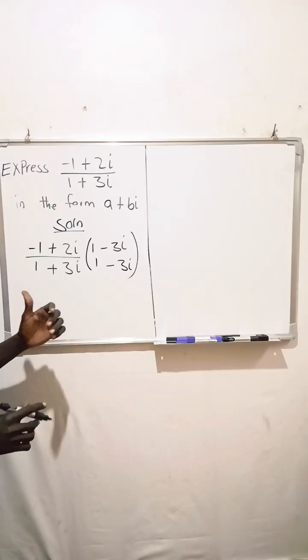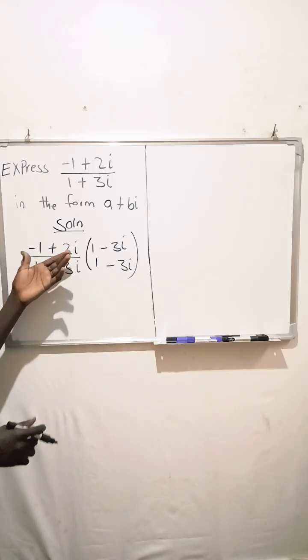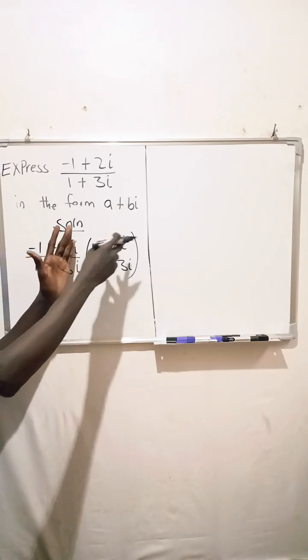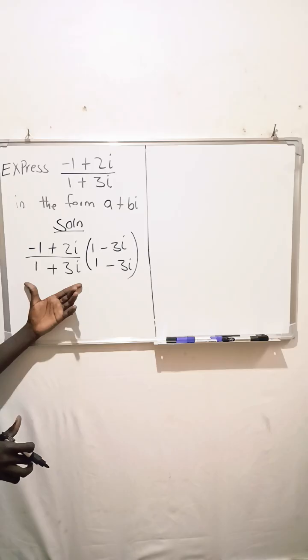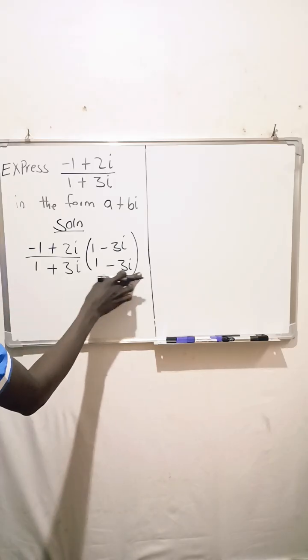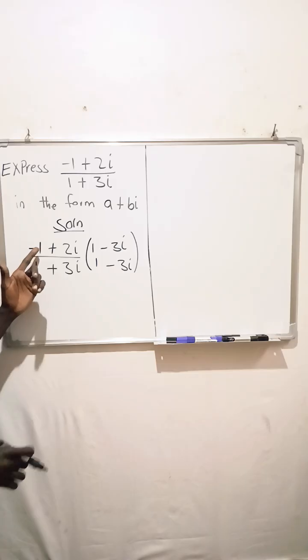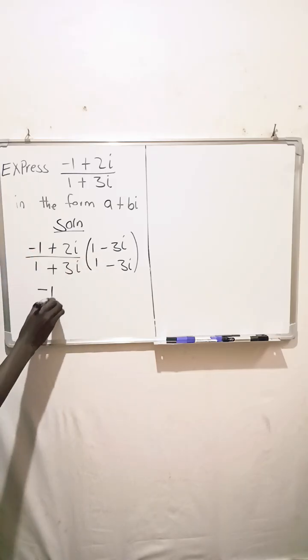Our next step is to open the brackets. We multiply (-1 + 2i) by everything inside the bracket, and the same for the denominator. Minus 1 multiplied by 1 gives minus 1.